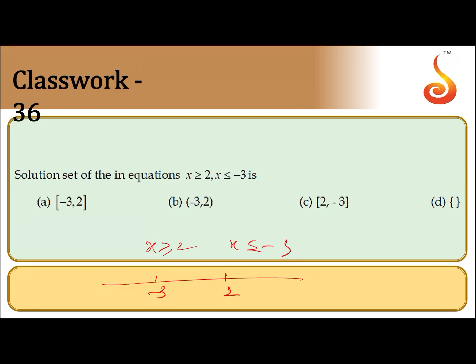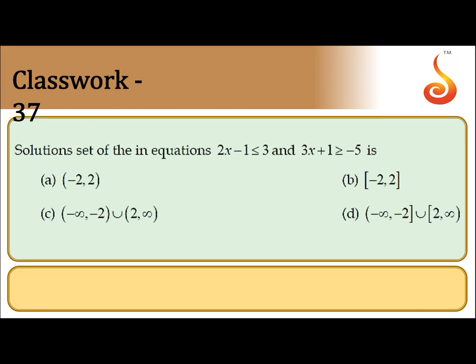When we take up the number line, minus 3 is less than 2. So x is less than or equal to minus 3 and x is greater than or equal to 2. Therefore definitely there is no common solution for this one. The answer is D.